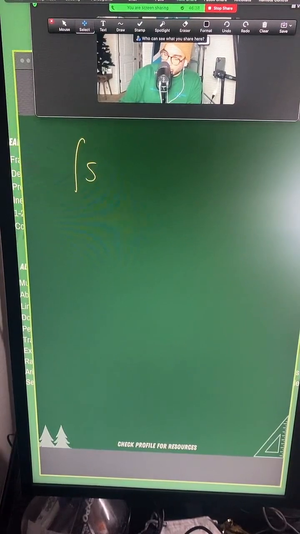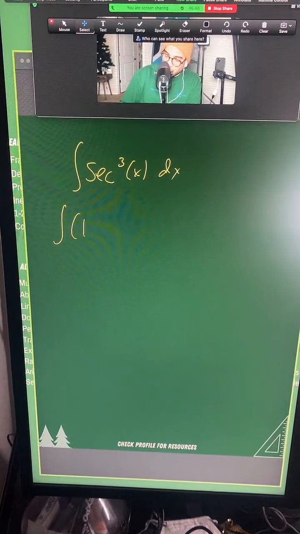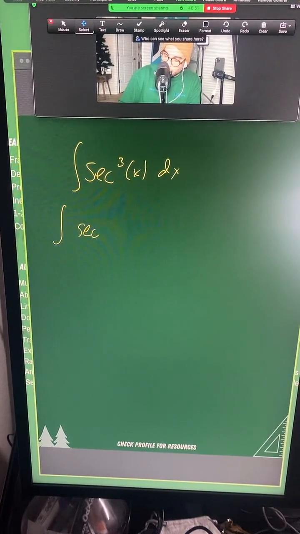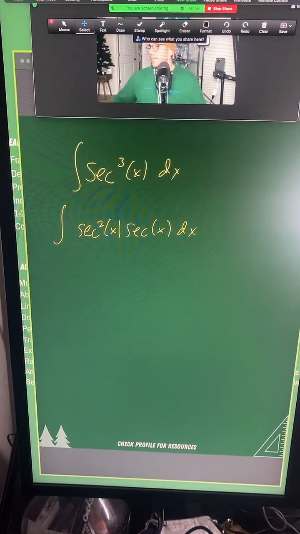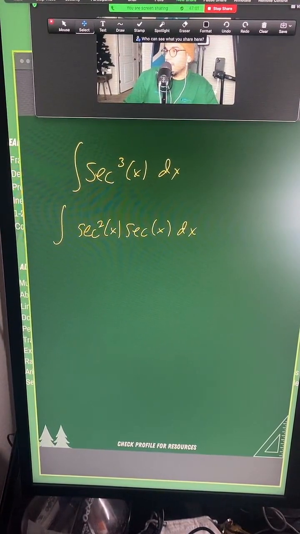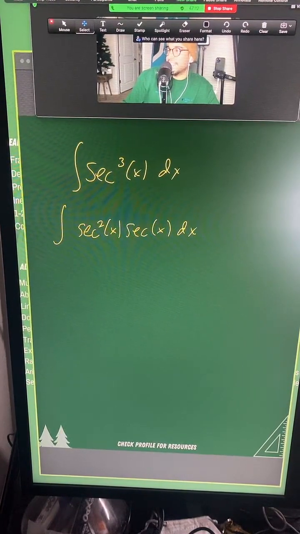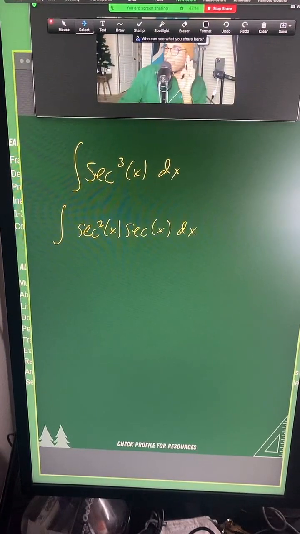Okay, so let's go ahead and rewrite this real quick. This is where I am, because a lot of people are suggesting to listen to Ethan here. So we're going to rewrite this as secant squared x times secant x dx. All right, guys, I'm only going to listen to Ethan because he's adamant that this is where we continue to use integration by parts.